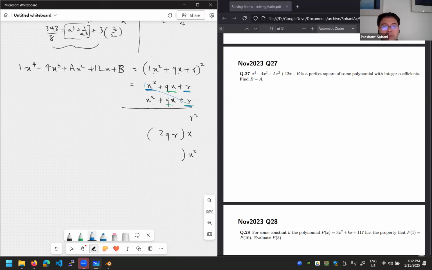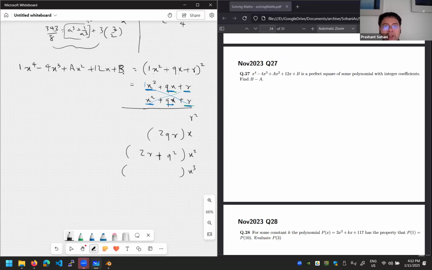You multiply x square with r here, or x square with r there, or you multiply the two middle terms, qx and qx. Each gives x square, so that is 2r plus q square. You see how this is much faster than expanding using the (a plus b plus c) square formula. What about x cube?